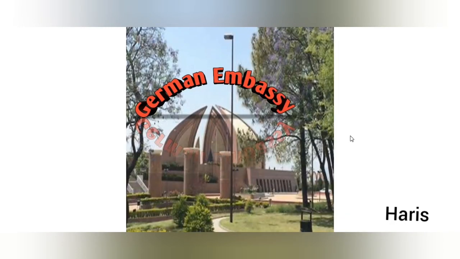So in the first step, you just go to the embassy website. From there you will know the waiting time for a visa appointment. Like in Islamabad, Pakistan, roughly 11 months are required for a visa appointment, but in Karachi you will get it in just 2 months. I'm talking about the master program.